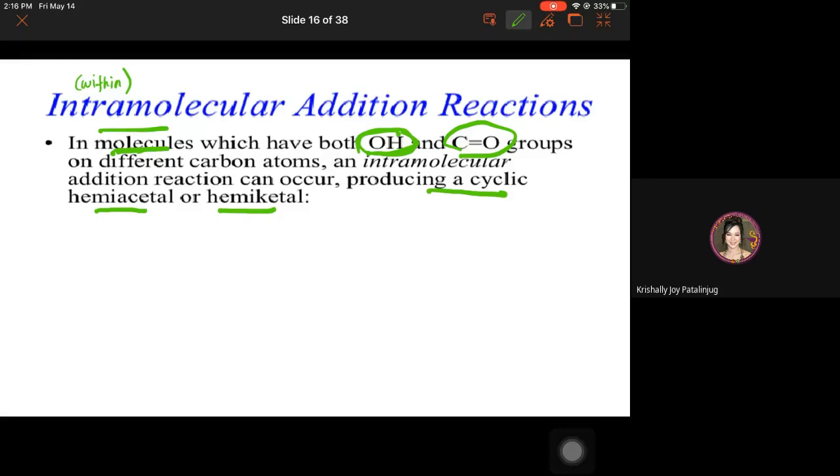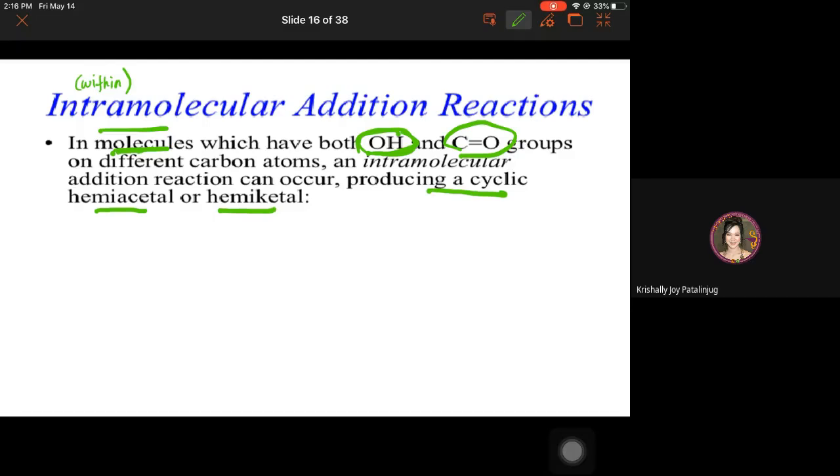Okay? And the products of intramolecular addition reactions are more stable, because the reaction happens within itself.